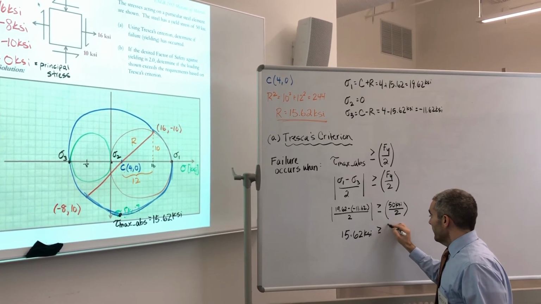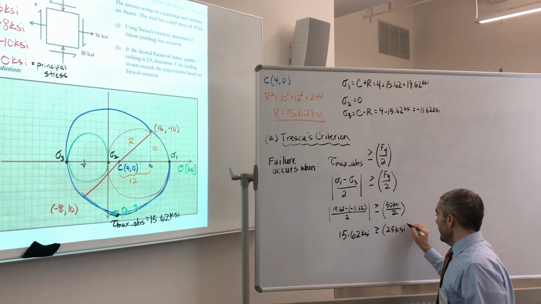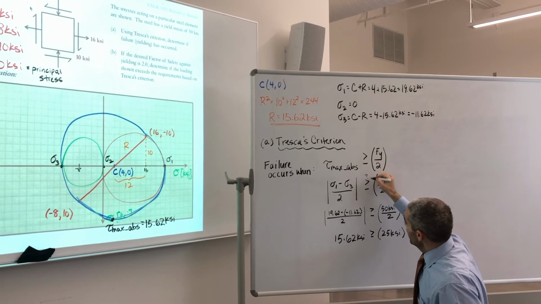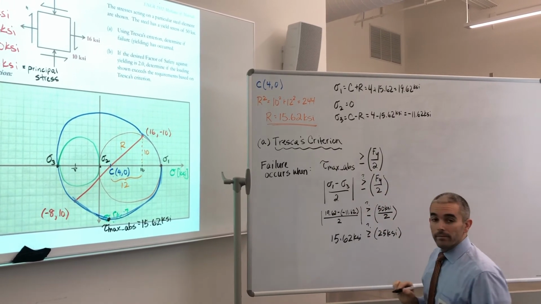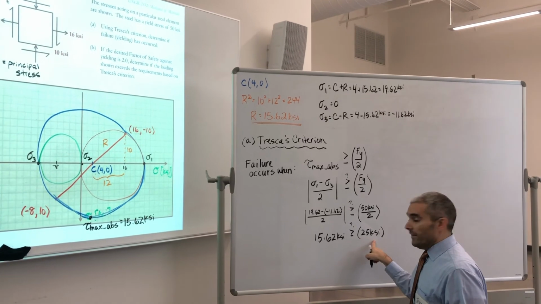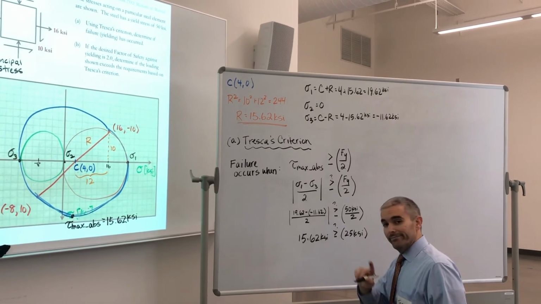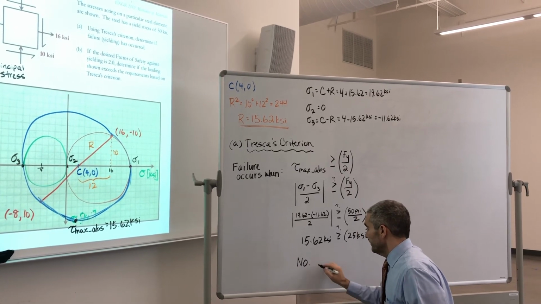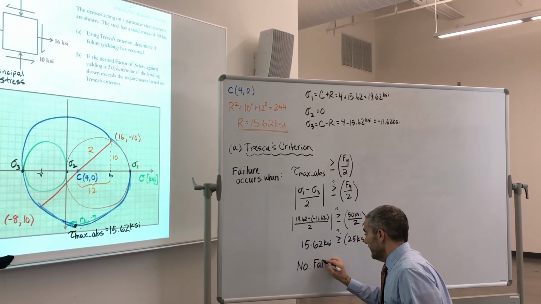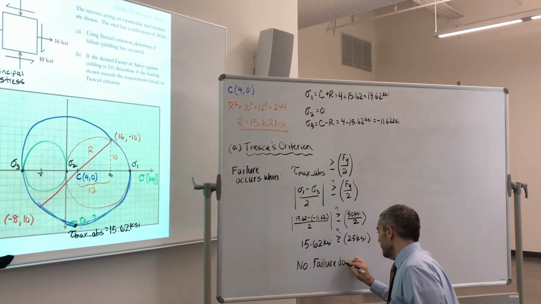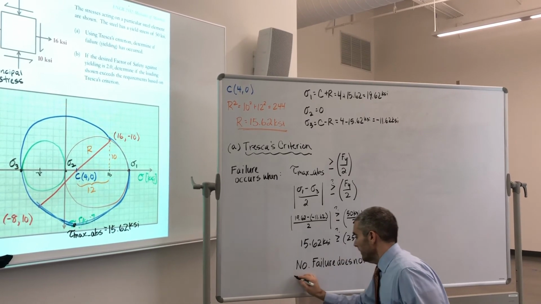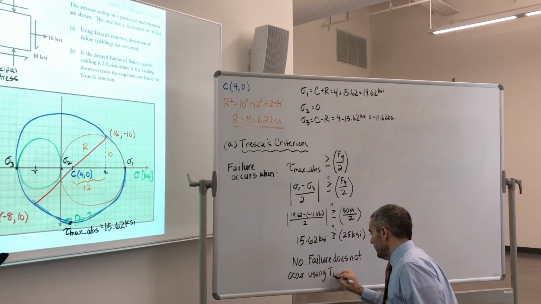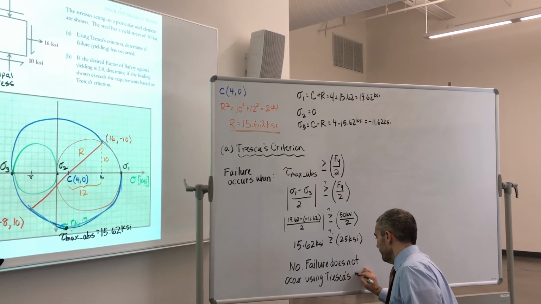We ask, is that greater than 25 KSI? Sometimes I like to put a little question mark here. Is this greater than this? No. So failure does not occur using Tresca's criterion.